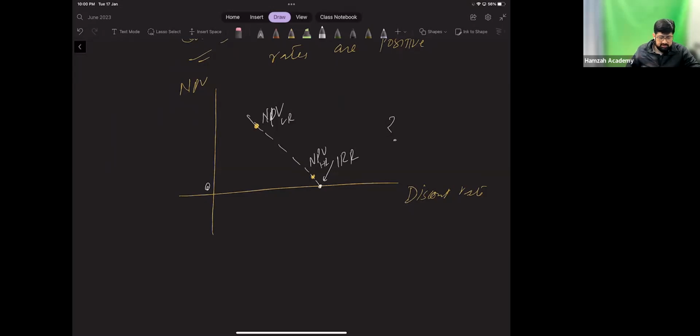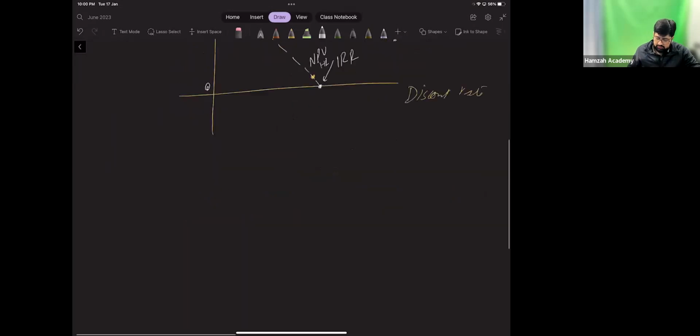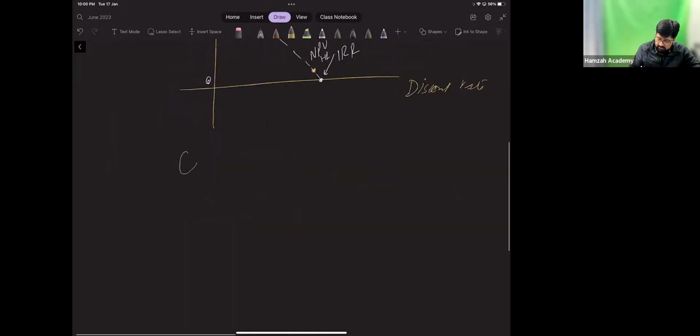Now, second, case 2: NPVs at both discount rates are negative.